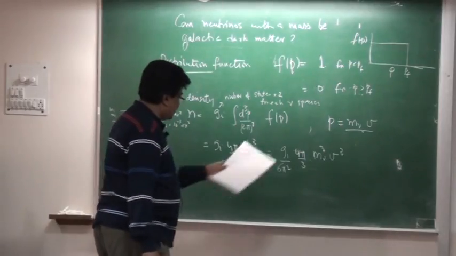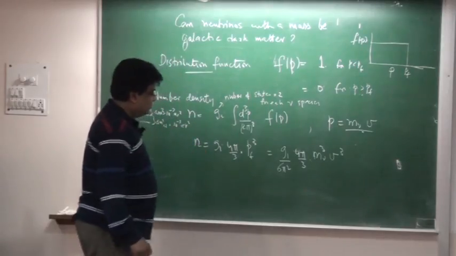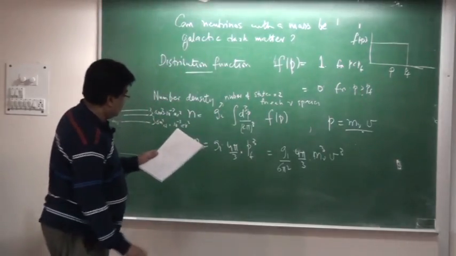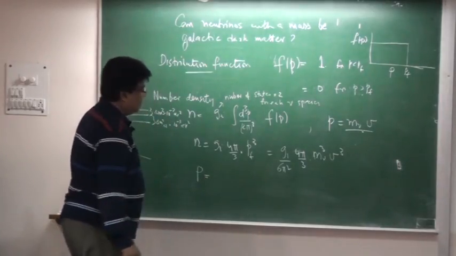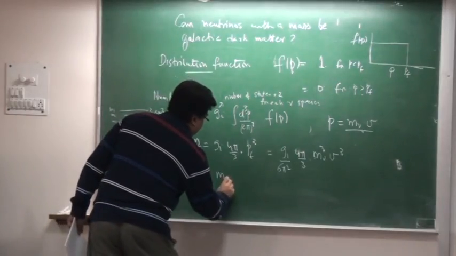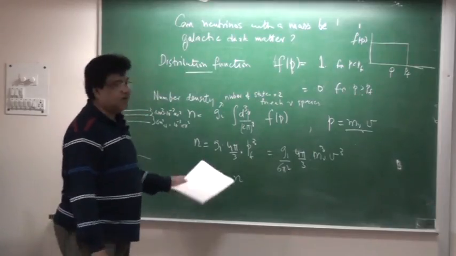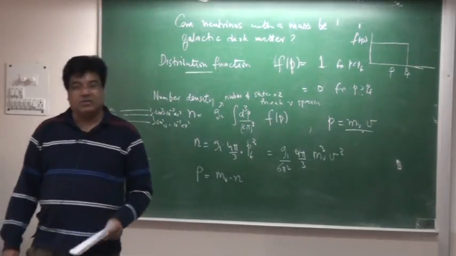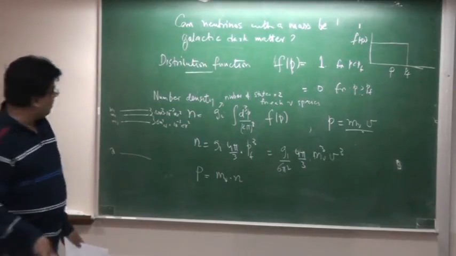Okay, so I was here. This is the number density of dark matter in neutrinos. Now the rho is m nu times n for non-relativistic particles. So you have the number density, and number density times the mass is the energy density.